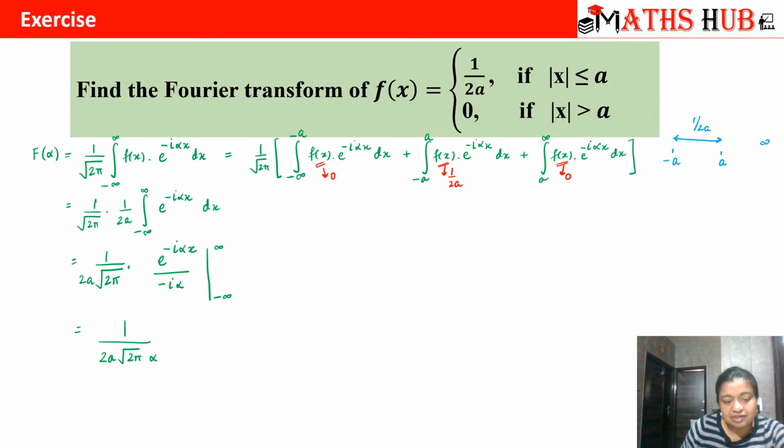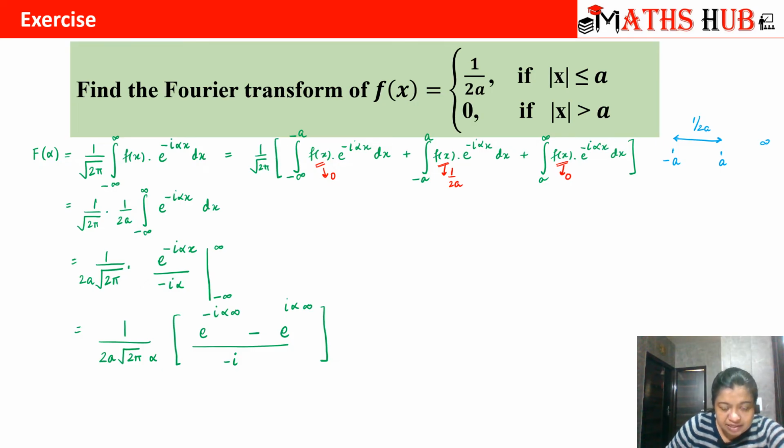Alpha is also constant, right? And now I am left with e to the power minus iota alpha infinity minus e to the power iota alpha infinity, upon minus iota. Okay, I think I made a mistake here.